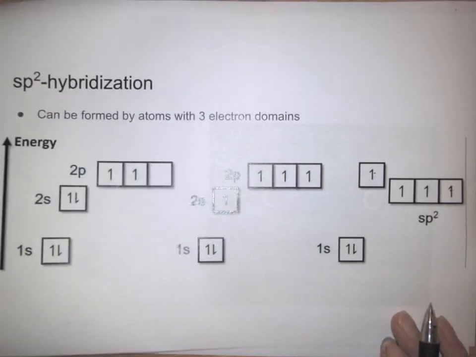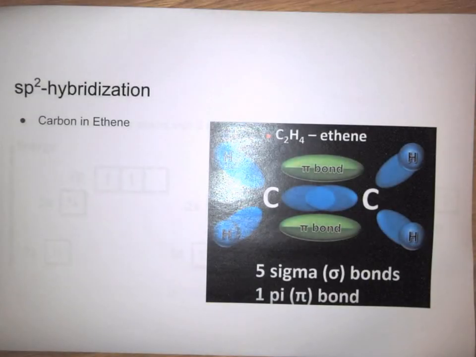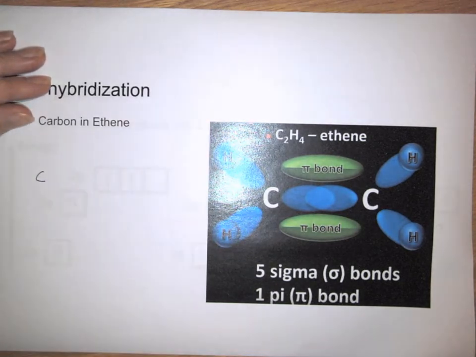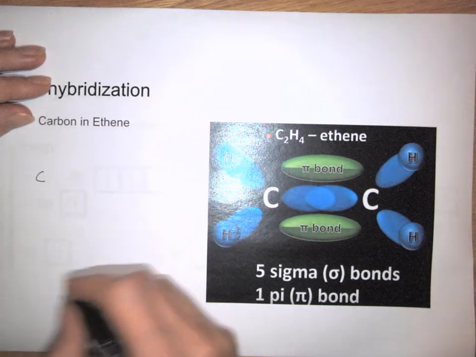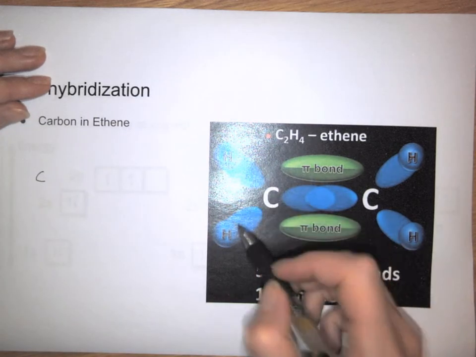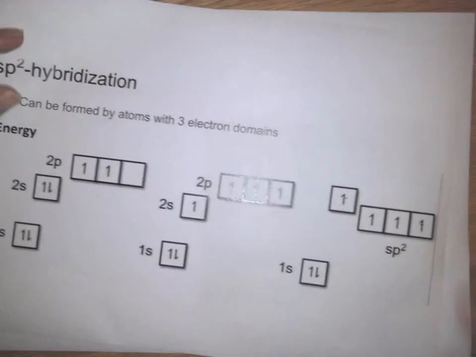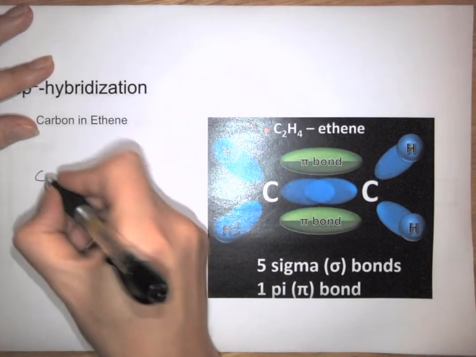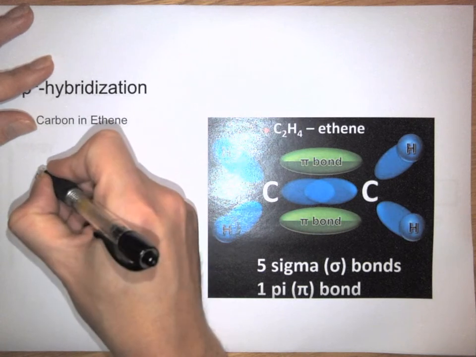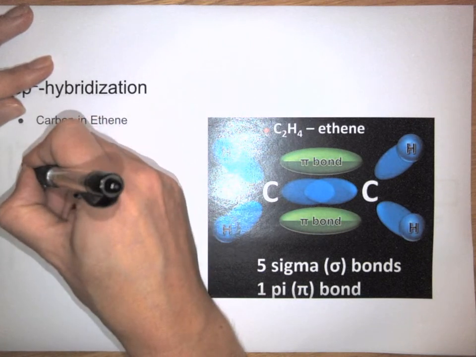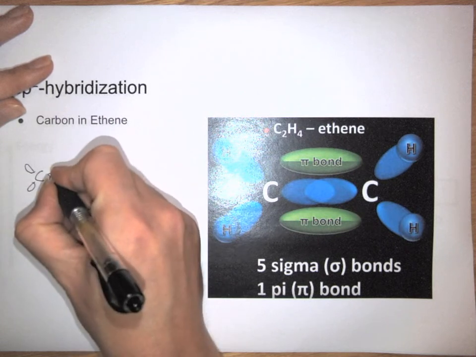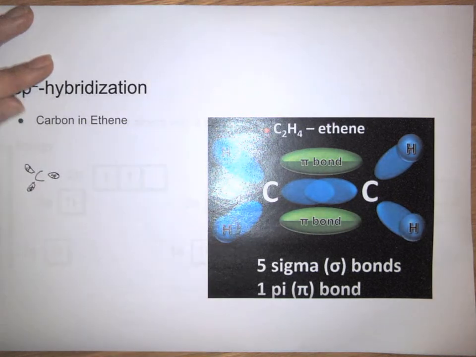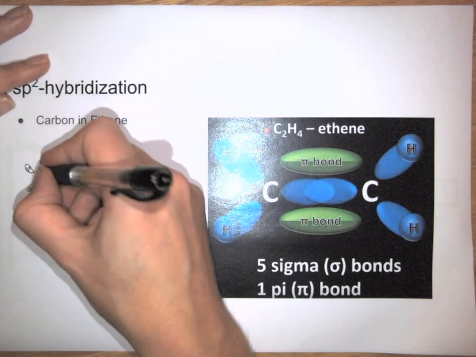So if we take a closer look at ethene, we have 2 carbons, and the carbon has 1, 2, 3, as I said, sp2 hybridization. Like this: sp2, sp2, and sp2, and then we also have 1 unhybridized p orbital like this.